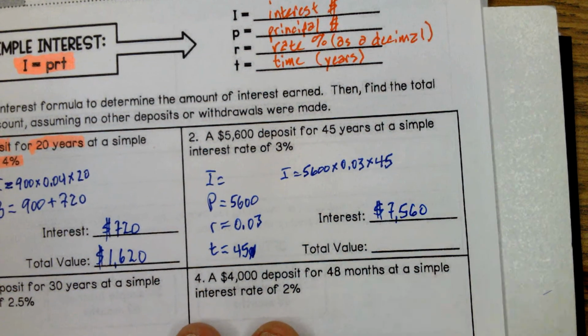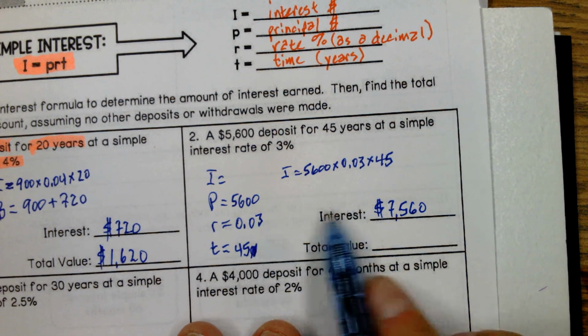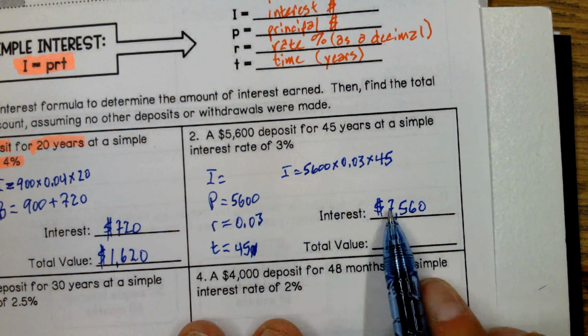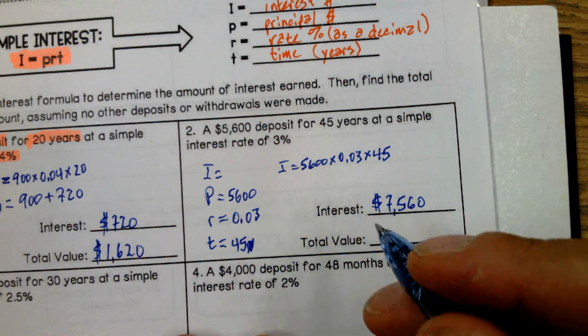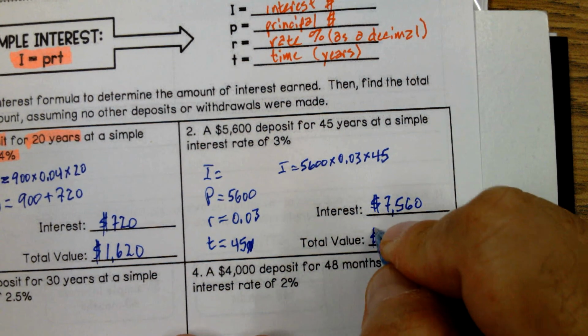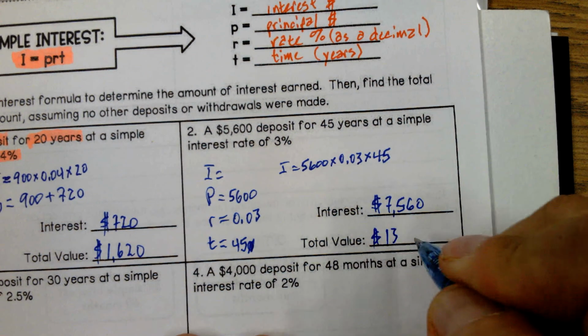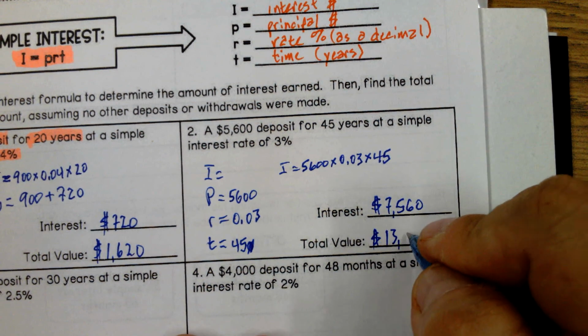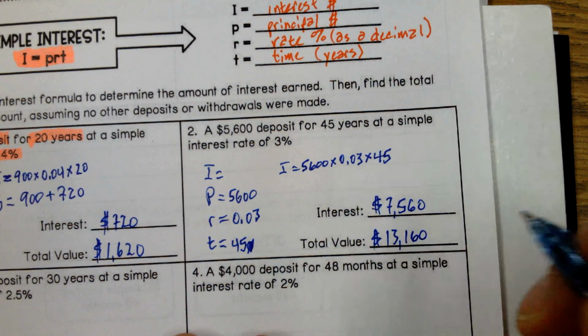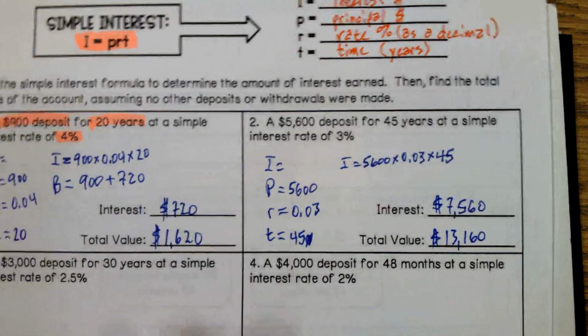That's more than the principal, right? You put in 5,600 and you're getting more money in interest. So what's our balance? 13,160. That's not bad.